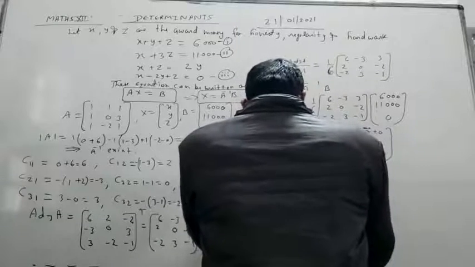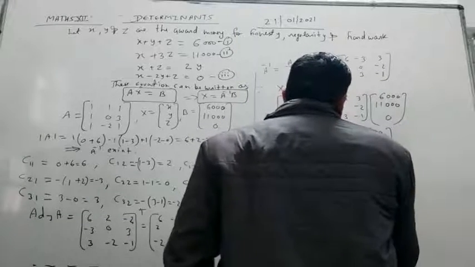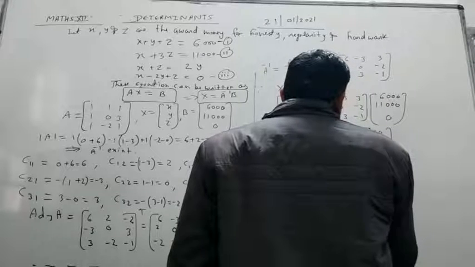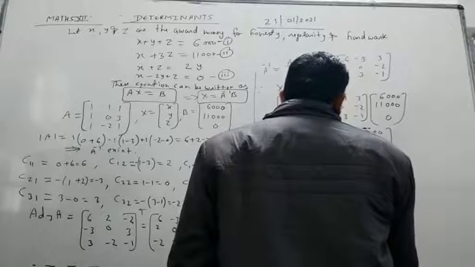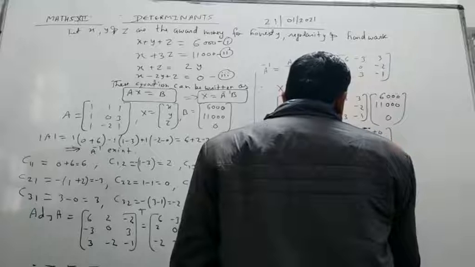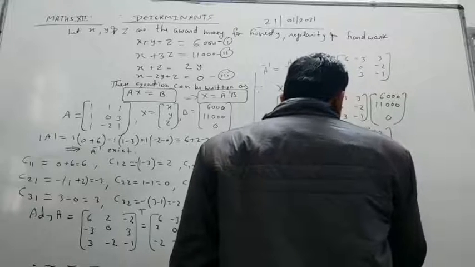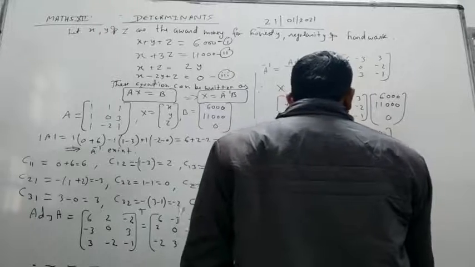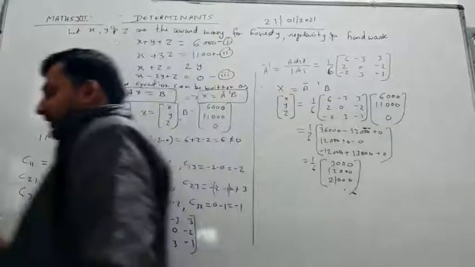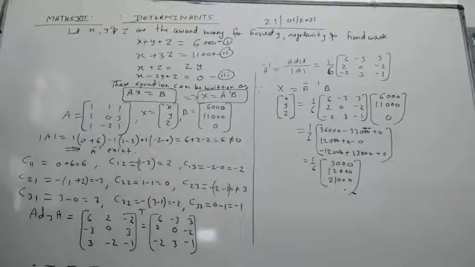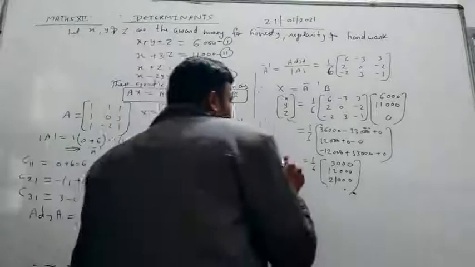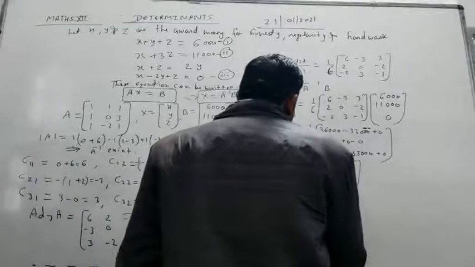Okay students, so this we can write what, 3,000 and 12,000, and this is 1 by 6 and 3,000, 12,000, 21,000. Now we divide with 6 and get our result.